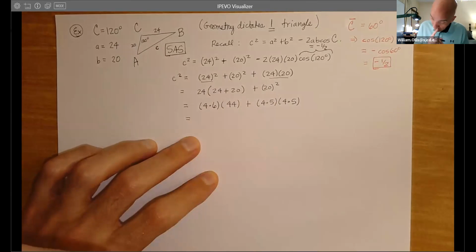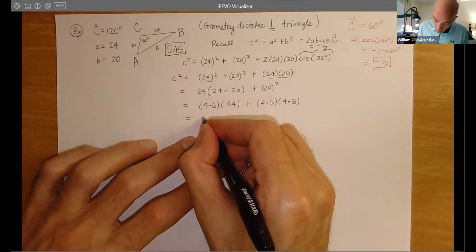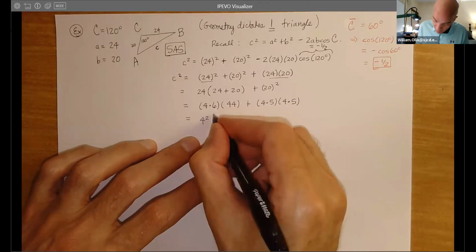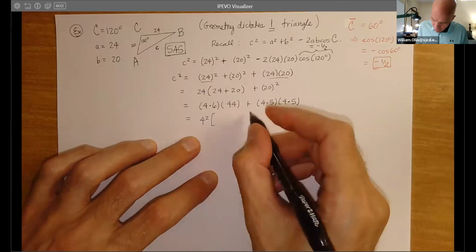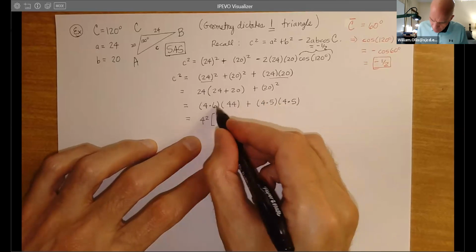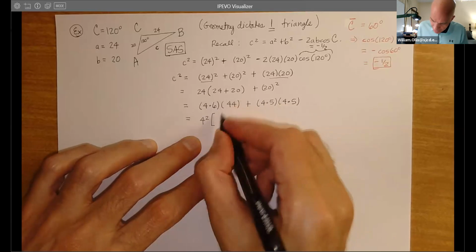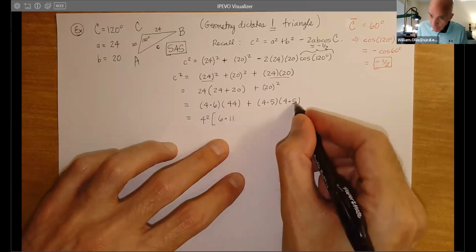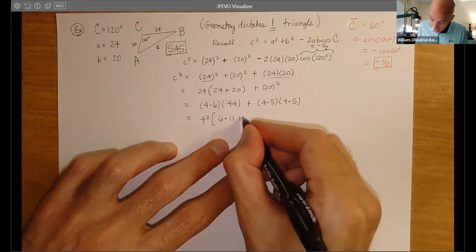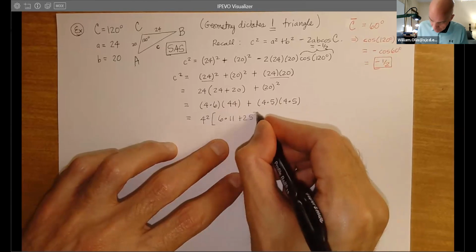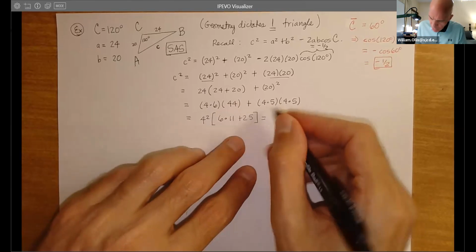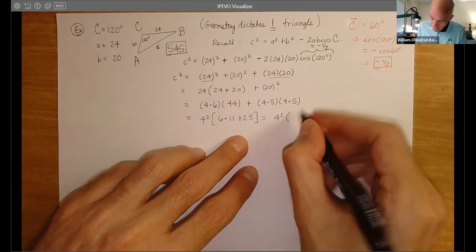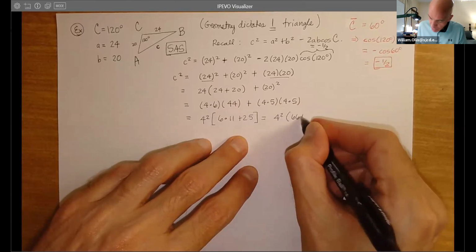So that's going to be 4 times 4, so 4 squared. And then that's going to be an 11 left behind in the 6, so 6 times 11. And then here we have a 5 times a 5, so that's a 25. So we have 4 squared, and we have 66 plus 25.